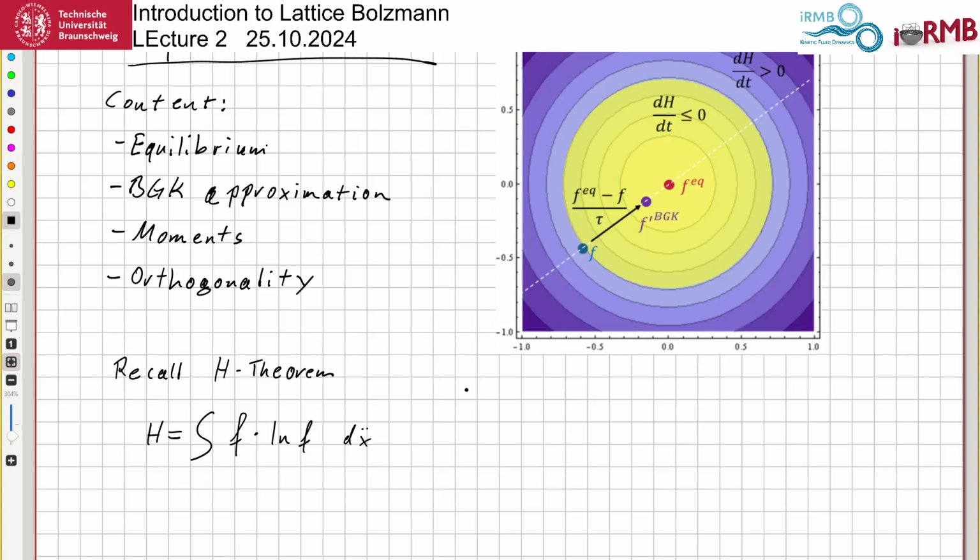So he defined this function that you integrate over the entire space and the entire velocity space. It's f times the logarithm of f.